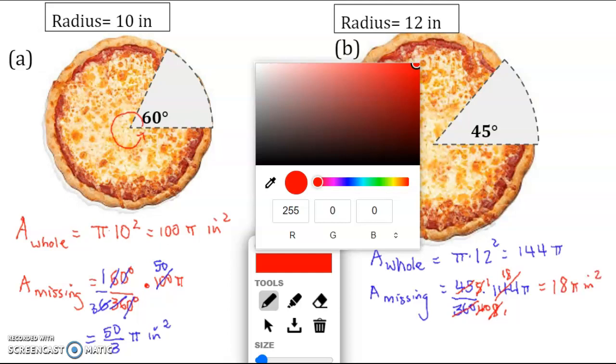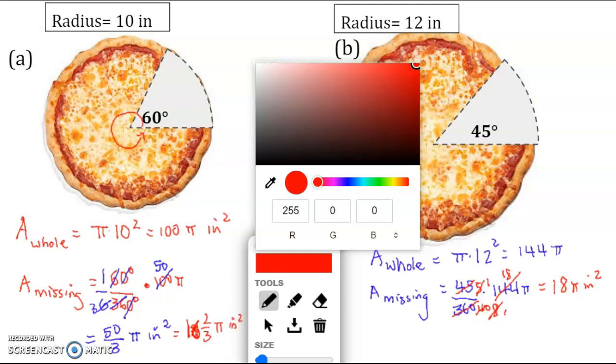Okay, now that we're trying to compare which is a bigger number, well, 50 divided by 3, let's put that into a mixed fraction. How many 3's go into 50? 6 times 3 is 18, so that's going to be 16 and 2/3 pi inches squared.